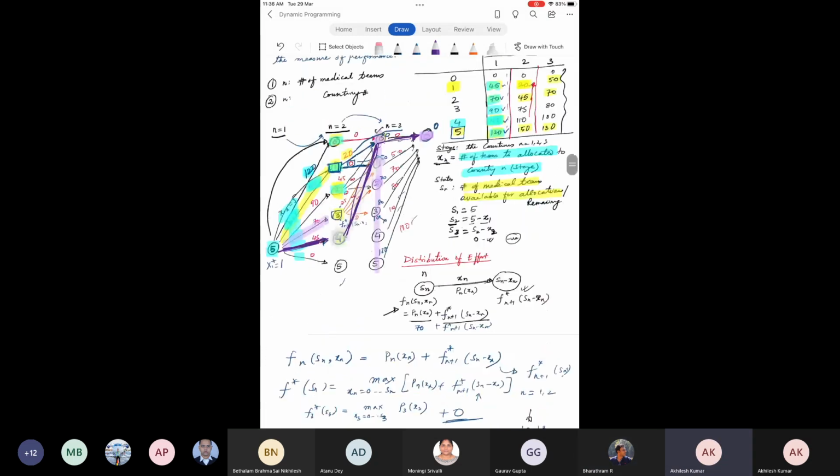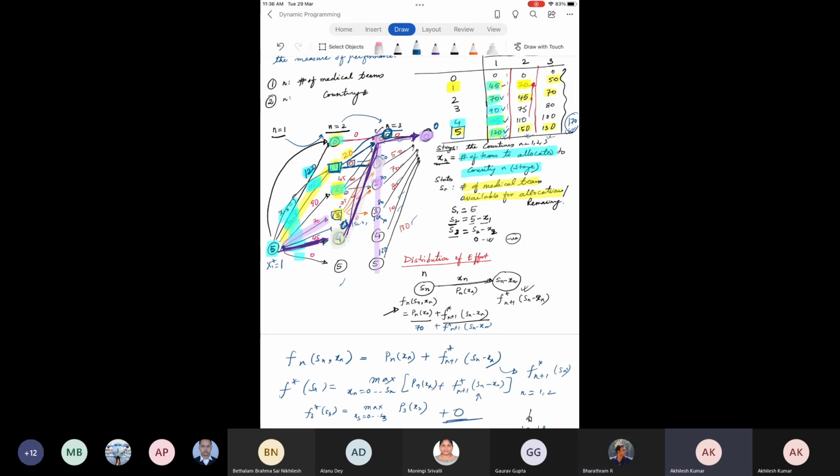See, when we were solving it backwards, we have some F1 star for S1 here, then some F1 star for X1 here. And then finally P1 plus this one is giving me 170. If we look into this table, we have got 170. Is there any allocation that can achieve it? If I allocate 5 teams to country 1 or 2 or 3, it will not be 170.